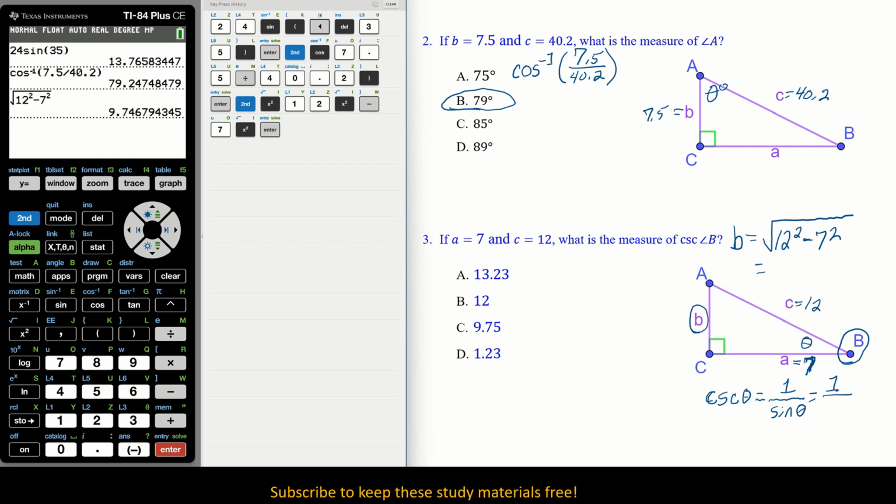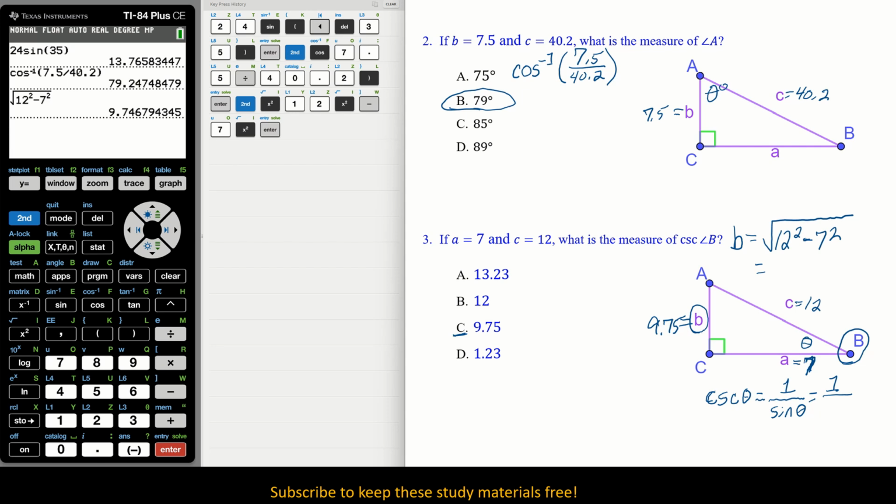We can use that decimal though. I was thinking, do we really want to use a decimal? Actually, we do, because our A, B, C, D options are decimals. So that is perfectly fine. And I see a decimal that I'm probably not going to use as an option, this one right here, because that's the measure of our B when we round. Highly unlikely that will be the angle measure also.